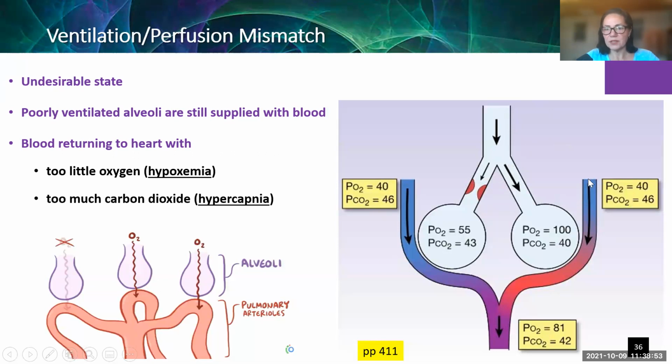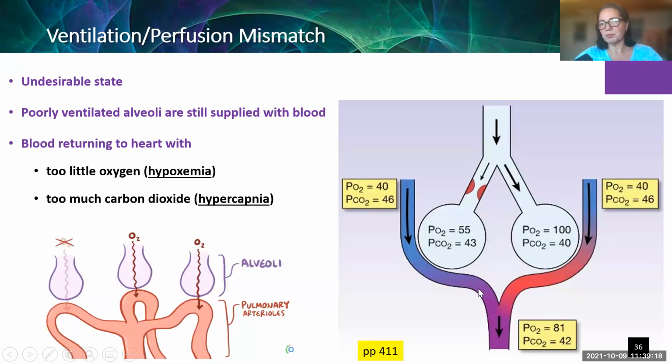In both cases, we have blood coming in from the heart, and the blood on the well oxygenated side is going to pick up a bunch of oxygen. It's going to drop off a bunch of carbon dioxide. This is represented by the very red color. On the other hand, this poorly ventilated alveolus is going to pick up some oxygen, but it's not very much, and it's not going to be able to drop off very much carbon dioxide.